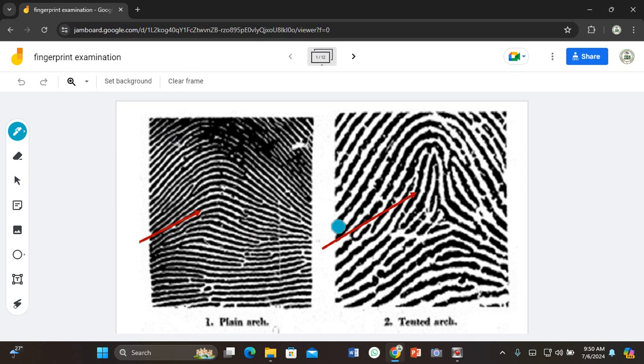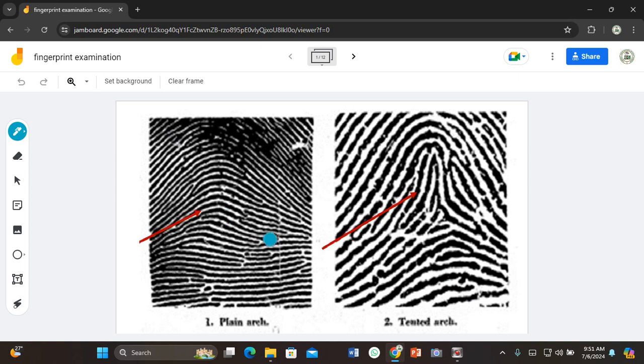Now, the difference between the two is that by the time you look at the innermost ridges, look at the first diagram. You can see where my red arrow is. Look at the line there. Look at the line before it. You can see they bent upward a bit, just a bit.